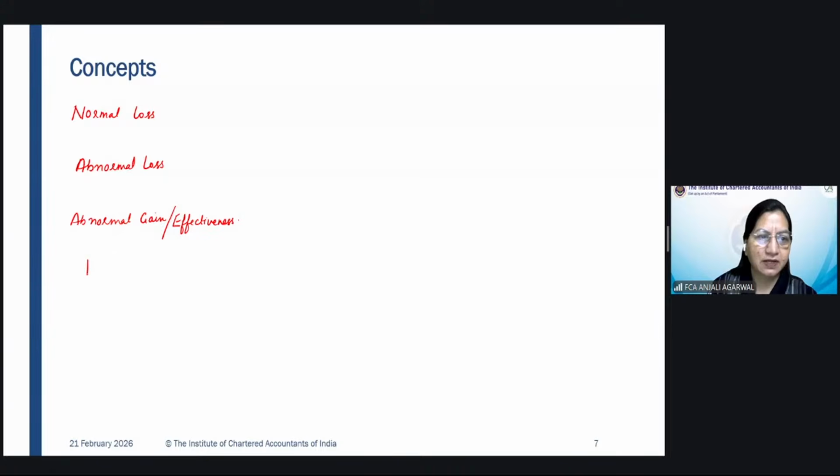Like I said, if 100 units are put in a process, the output will not be 100. The output of process 1 will be less than 100.